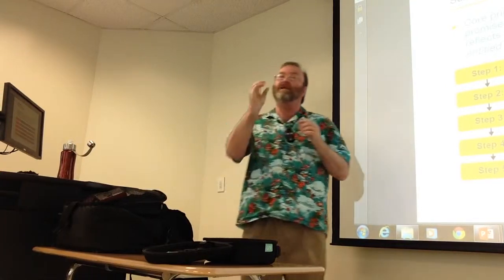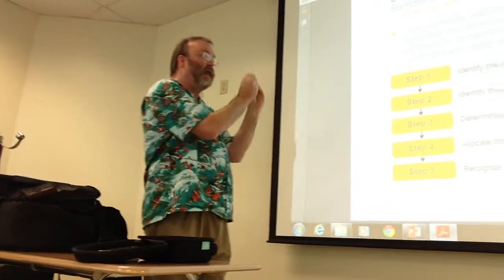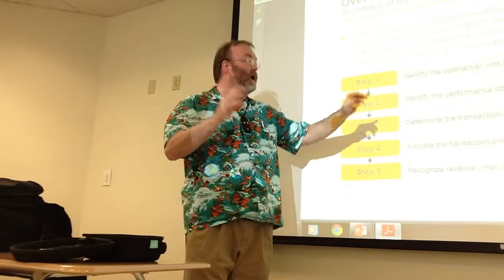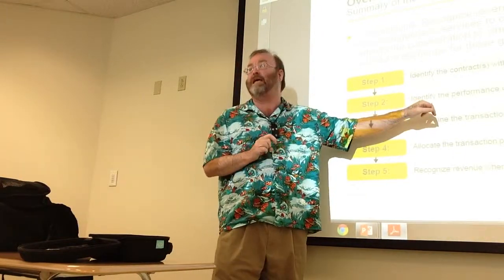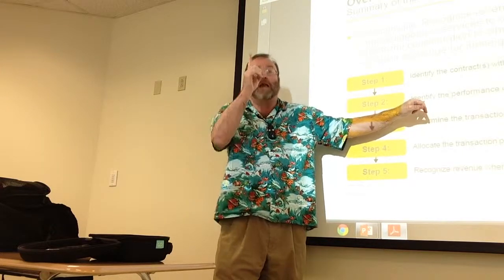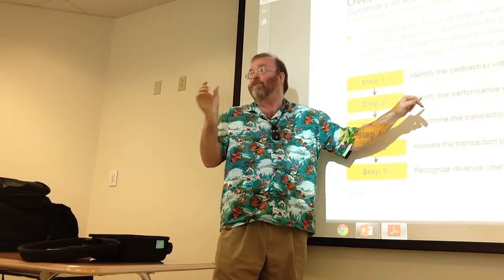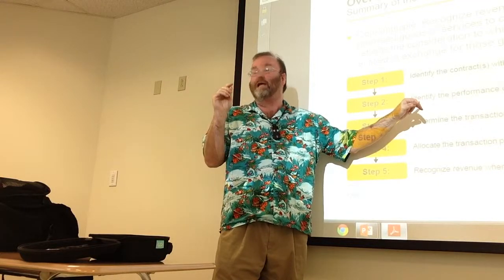Then you determine the price overall for this contract and then allocate the entire price to the individual performance obligations. Because oftentimes it's not just one, and I'll show you here, software installation is the example that they use, and I'll show you what that is.